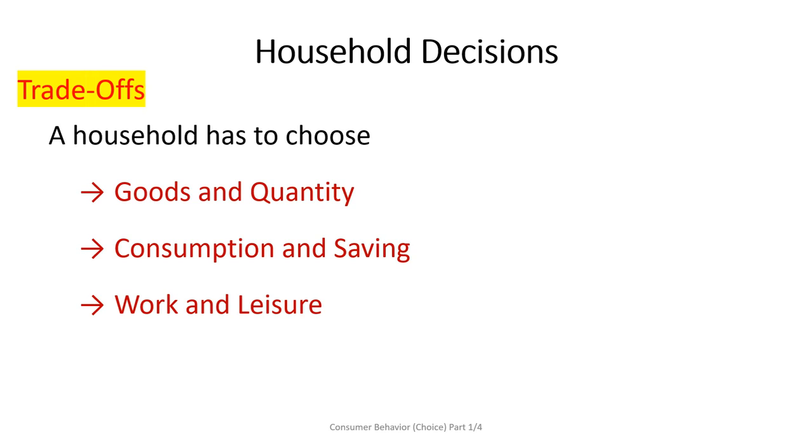Similarly, a household also has to make a decision about consumption and saving, that is, how much income to consume and how much to save. And it also has to make a decision between work and leisure, that is, how many hours a day to work and how many hours a day to enjoy leisure.